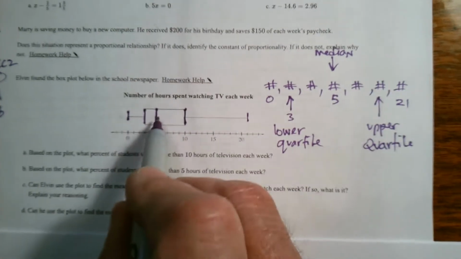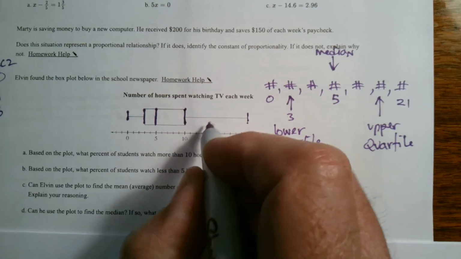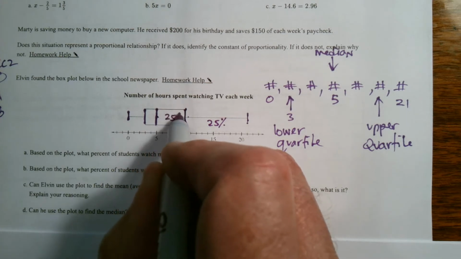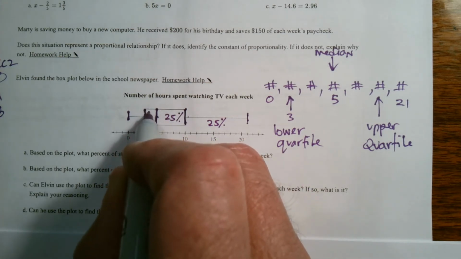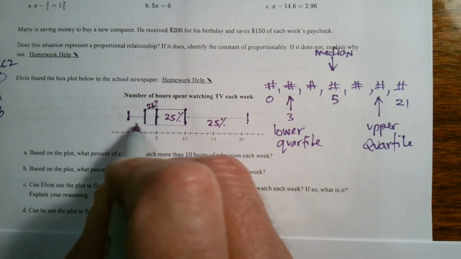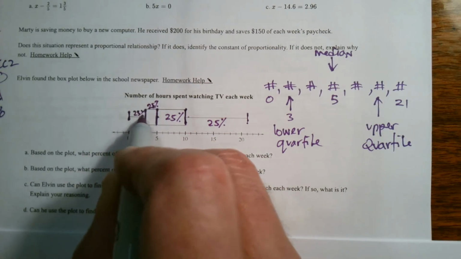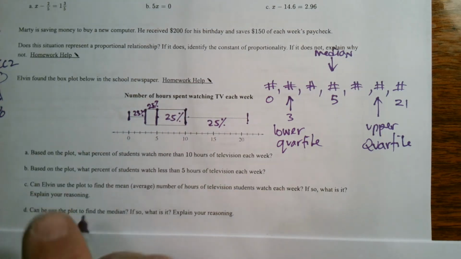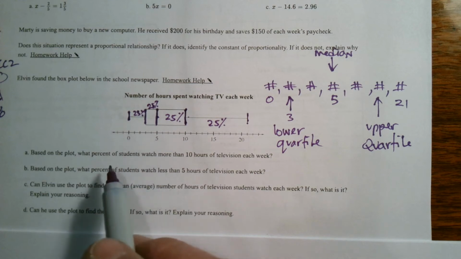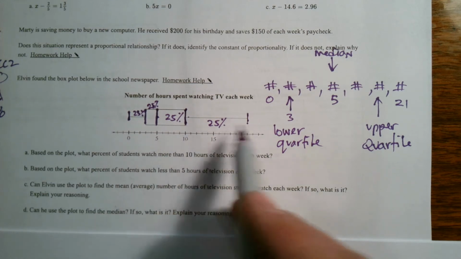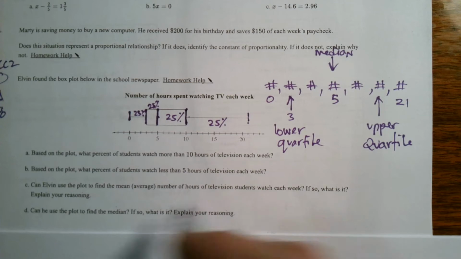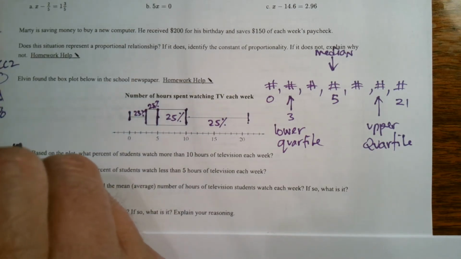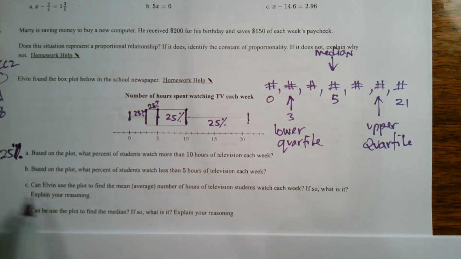From here to here is 25% of the data, and each section on a box plot represents 25% of the data. So 25% of the students watched more than 10 hours. So 25% is what I have for A.